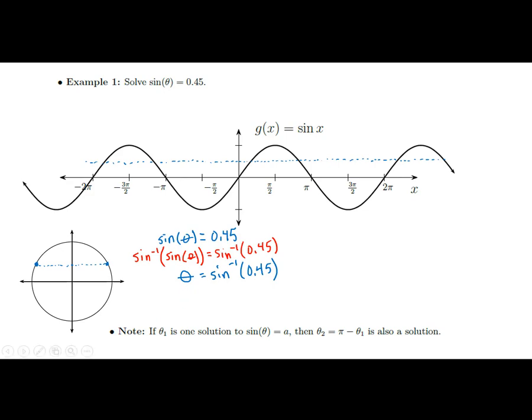If you want to think of it that way, that's just fine. I'm also okay with you just jumping straight from this line down to this line. But what we can do is type that in our calculator, and our calculator will tell us that that is approximately 0.467.